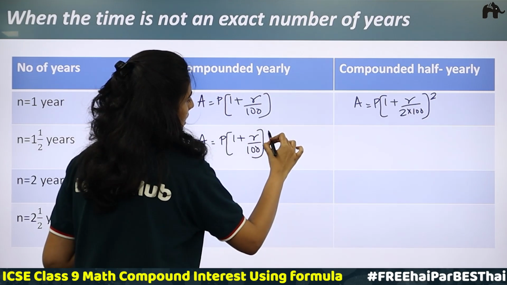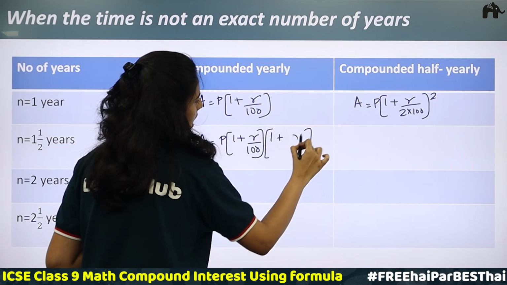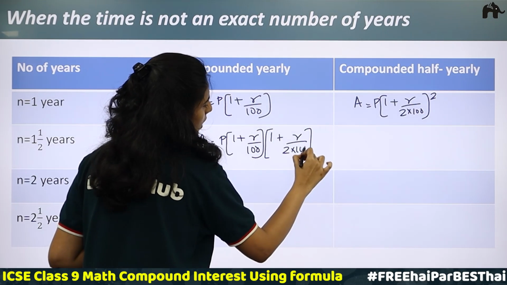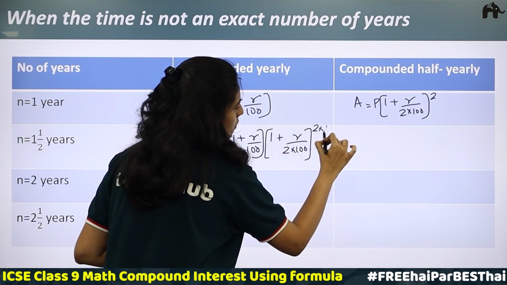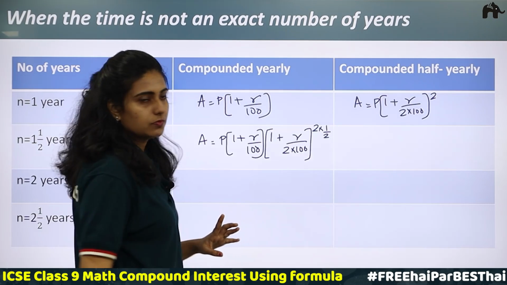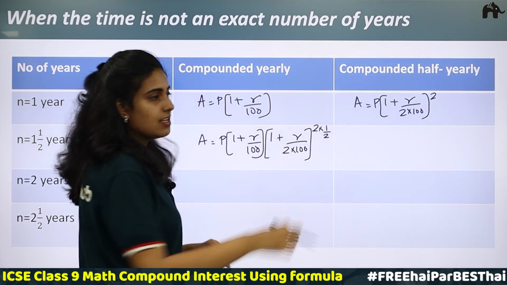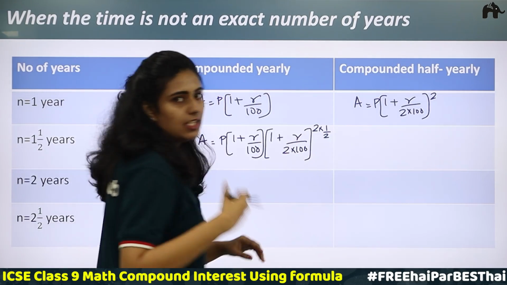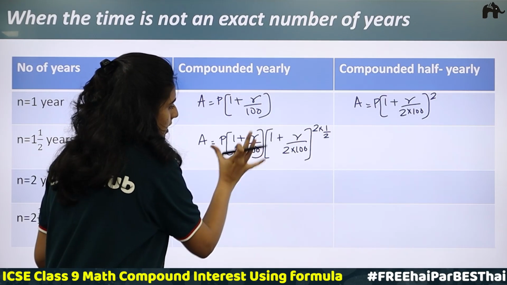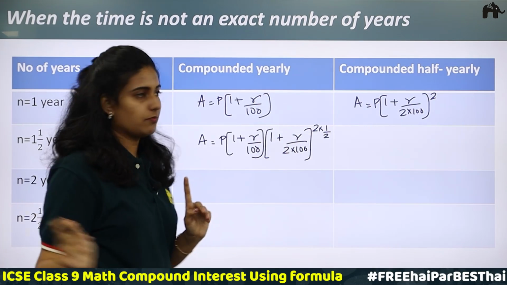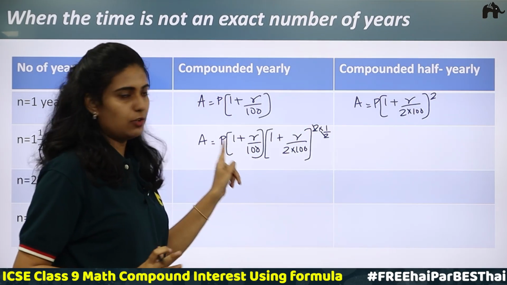And then into 1 plus R by 2 into 100, this is for the half year, 2 into 1 by 2. That is 2 raised to 2n, and n will be half for the next part. That is when you have 1.5 years, this is for 1 year and this is for the half year. Cancelling this, you will be getting this as the formula to find the amount.